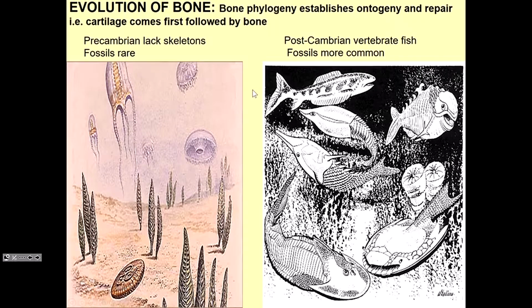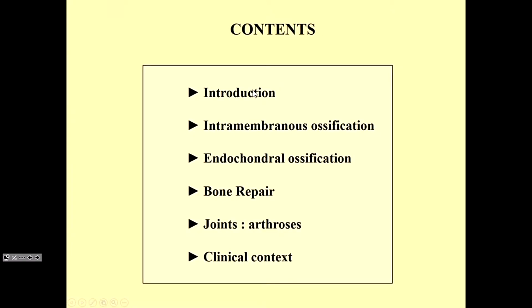Then in higher vertebrates, like cartilaginous fish, cartilage formed, and then the cartilage became calcified to form bone. That sequence we will see in embryological development of bone, and we will see that same sequence in bone repair. They're all three interrelated, so it makes a lot of sense in terms of how these things came to be the way they are.